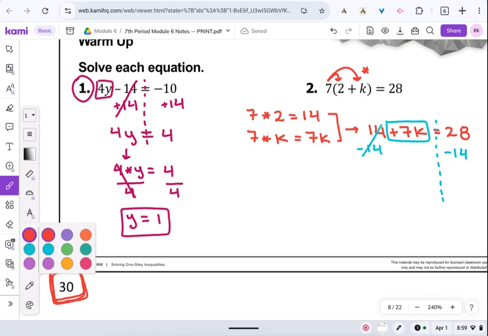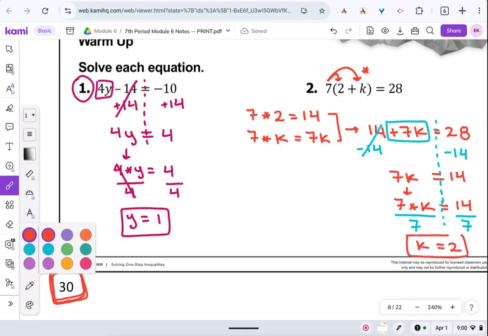My 7k will come down, equal sign in the middle, and then 28 minus 14 is 14. Now remember, what we have is 7 times k equals 14. So in order to get rid of that, we need to divide both sides by 7. That will get me k equals 2.